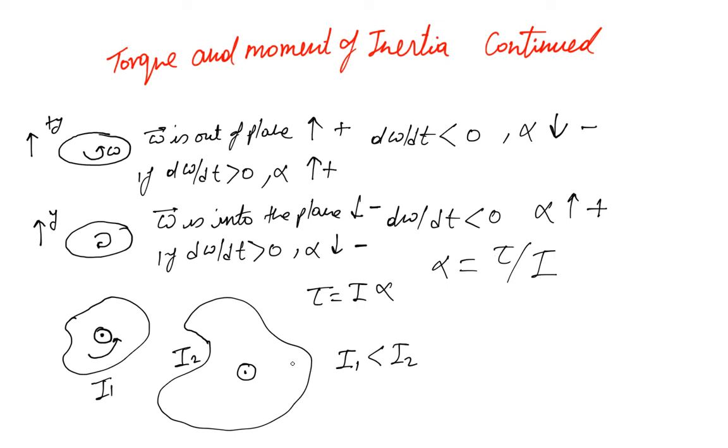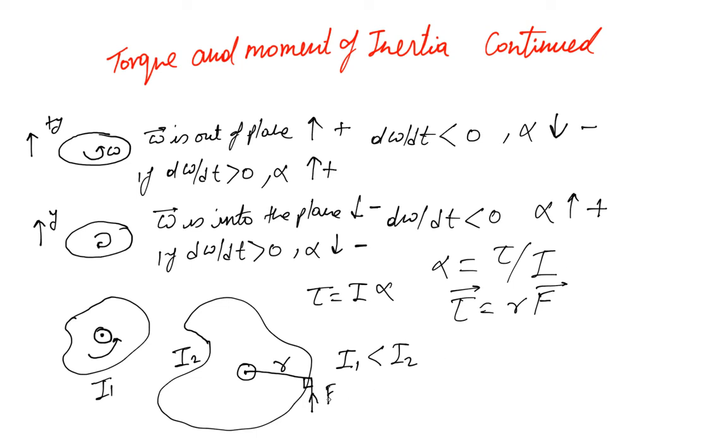This object will not start moving unless you apply a force to it, F. Only then will it start moving, and you have to apply it at a distance R. And let's say the angle between them is 90 degrees. Then torque is defined as R times F. That's all.